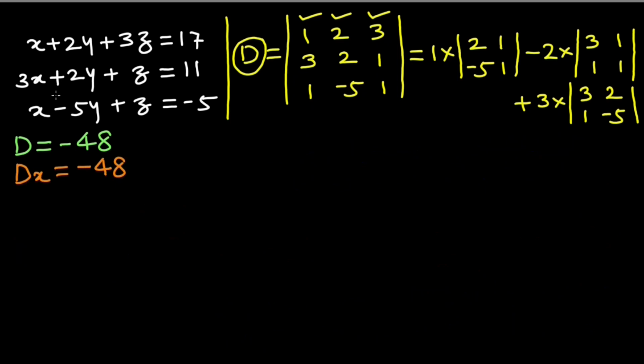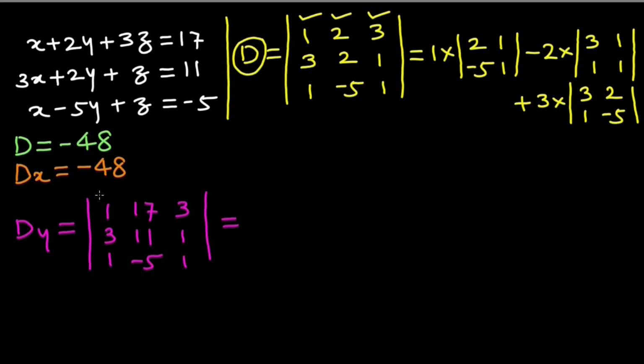Now we will evaluate the determinant Dy, which will be first coefficients of x, 1, 3, 1. Then we replace the coefficients of y by the constant terms 17, 11, minus 5. Then we write coefficients of z, 3, 1, 1.